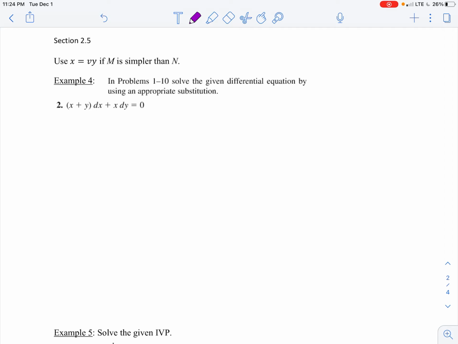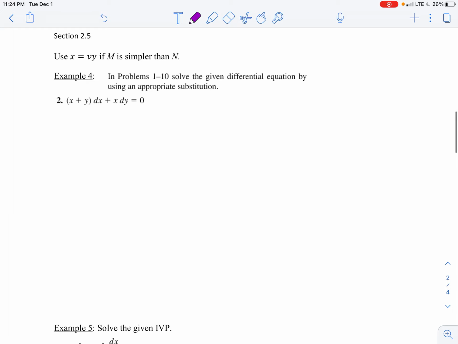Now, what looks simpler? Does M look simpler or does N look simpler? N looks simpler. Because N looks simpler, we're going to say y is equal to ux.